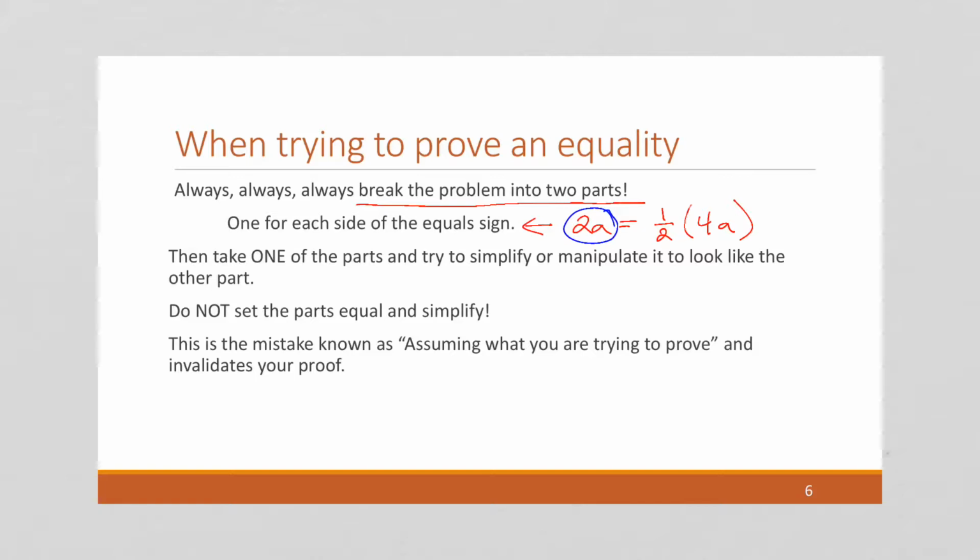I tend to call this the left-hand side, I use the abbreviation LHS, and I tend to use the abbreviation RHS for the right-hand side over here. It's then really important that you take one of the parts and try to simplify it. Not both parts. You cannot set the parts equal and simplify it. You are trying to prove that they are equal. You cannot assume it.